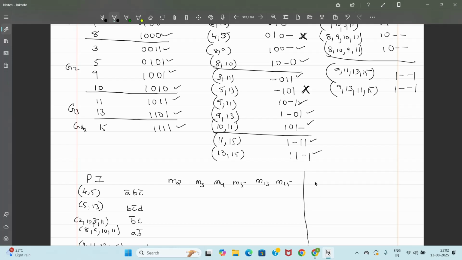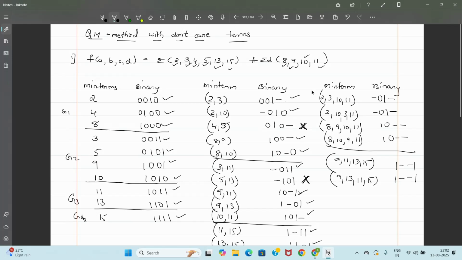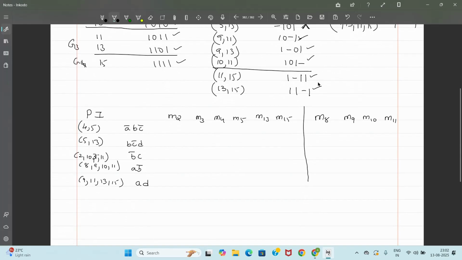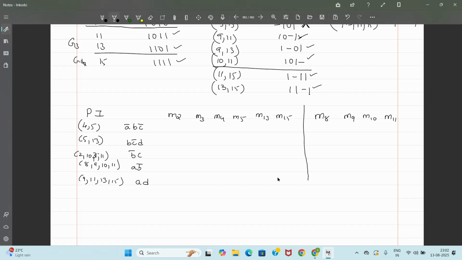The remaining will be don't care terms M8, M9, M10, M11. Okay. Remaining terms are don't care terms. I am just arranging them in the exact way that they're mentioned in the question. I'm separating the don't care terms and the min terms for the second table.